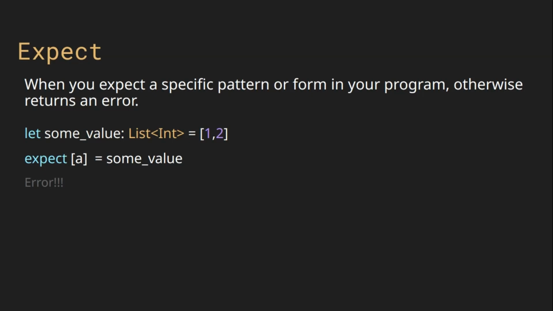So for example, let's say that you have some variable of type list of integers, and here we expect that it has the form of one element. Like some value, if it doesn't have one element, it has two, it returns an error.